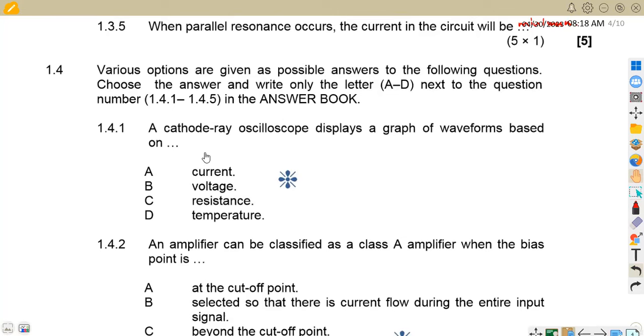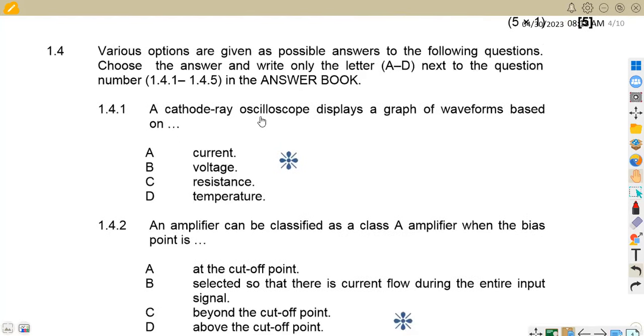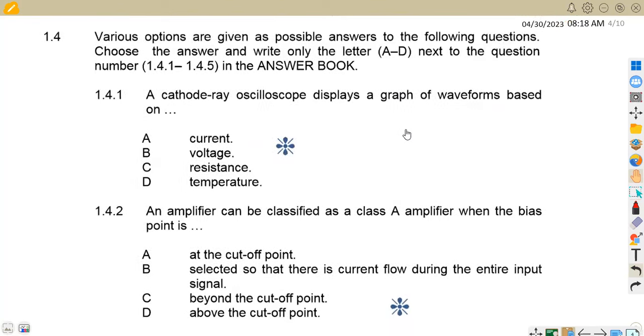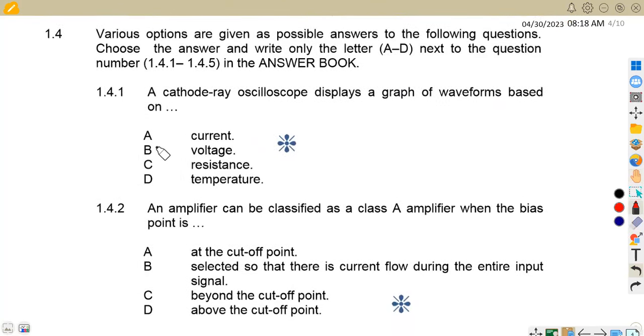We are given on 1.41, a cathode ray oscilloscope displays a graph of waveforms based on, if we are dealing with a cathode ray, it's going to work with the voltages, all right? So this one uses voltages, which is B. So the best answer here is voltage.